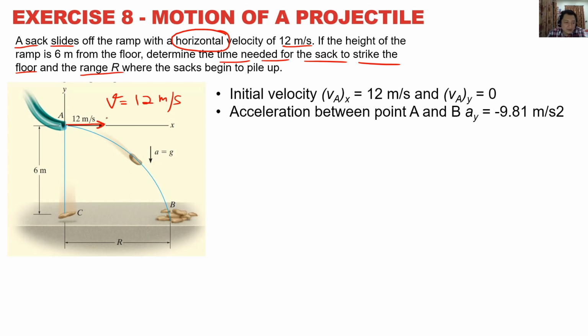Okay, so apparently we have Vx equal to, it's not actually Vx. It's actually V naught x, original velocity, 12 meter per second. V naught y is equal to 0 actually. It doesn't have that. It has no Vy. Why? Because it's only horizontal. Unless it drops like this.